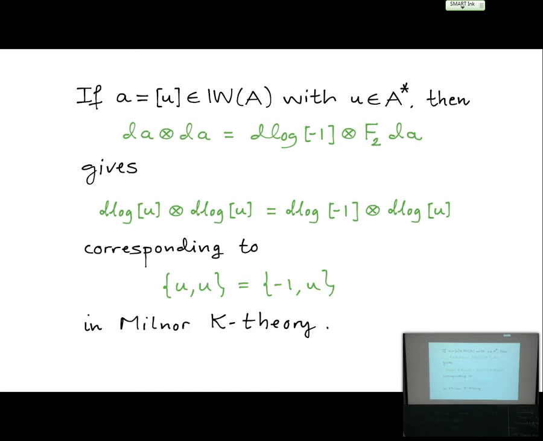And this corresponds to this well-known relation in Milnor K-theory that the symbol {u,u} is equal to the symbol {-1,u}. So this relation here is similar to that.